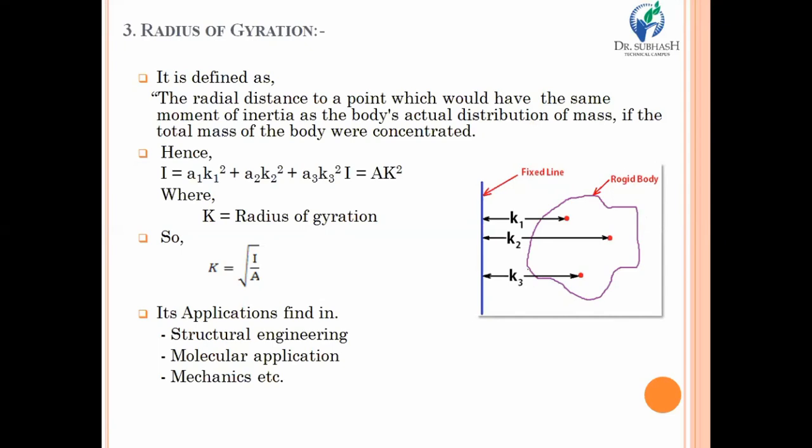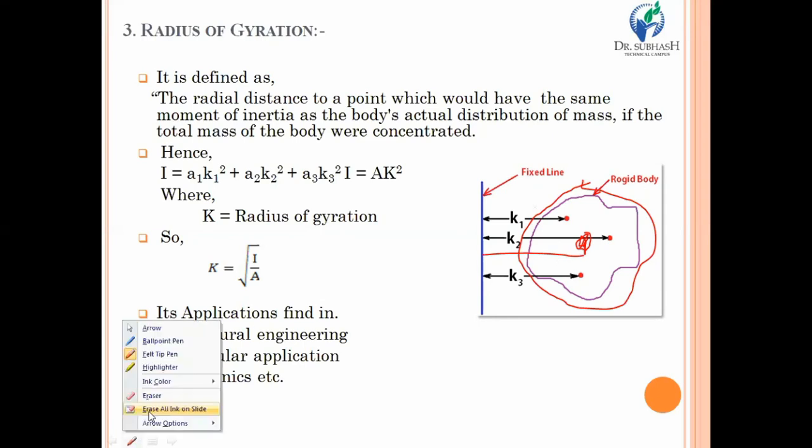Suppose you are given an irregular body. First, you calculate the moment of inertia of the irregular shaped body about its center of gravity.